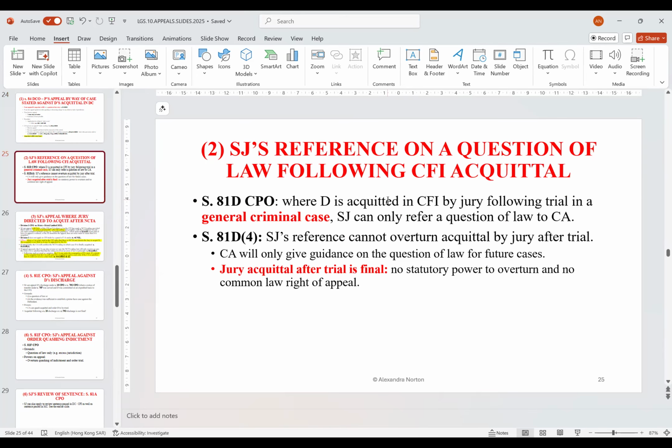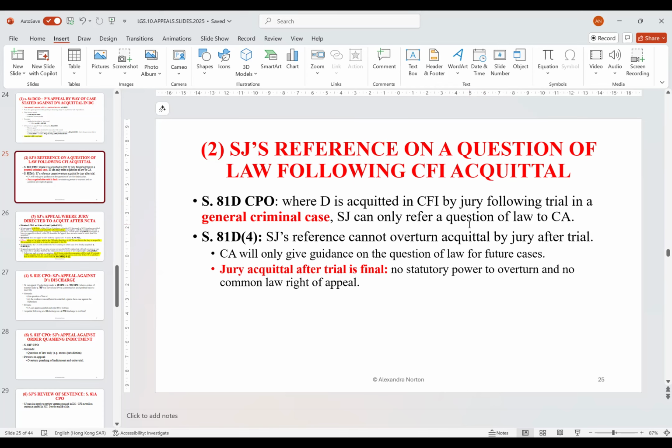If the defendant is acquitted in either the CFI or actually the district court as well, then the Secretary for Justice has the option to refer a question of law to the Court of Appeal. But where the defendant is acquitted by a jury in the CFI, then the SJ has no power to appeal the acquittal.